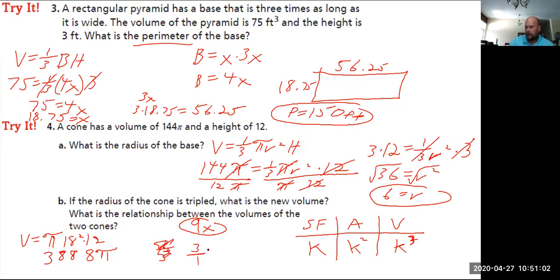So if I took that and squared it, then it'd be the 9 over 1. If I cubed it, that's what we'd have to do here. We'd have 27 to 1. So it's 27 times as much, not 9 times. That'd be the area. All right, that's it for that one.